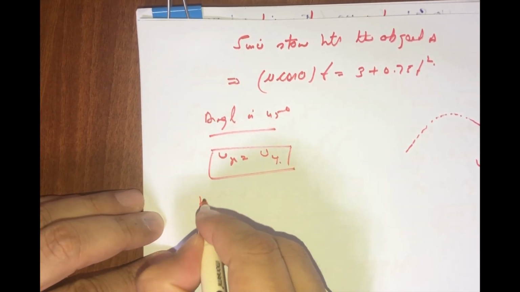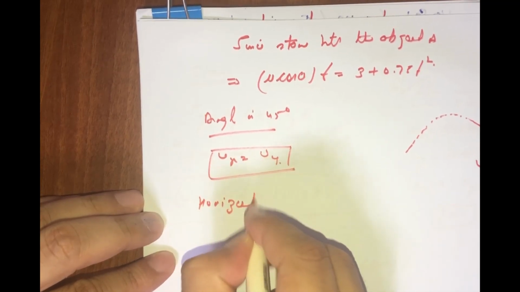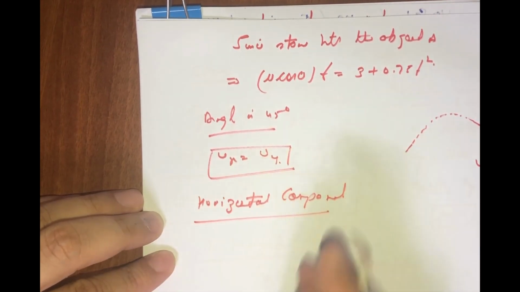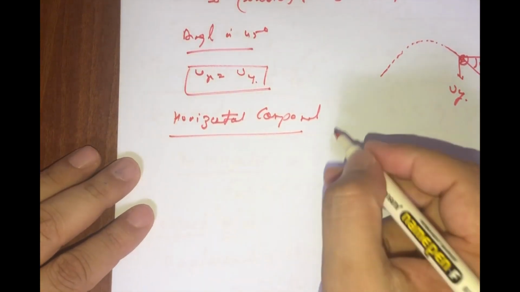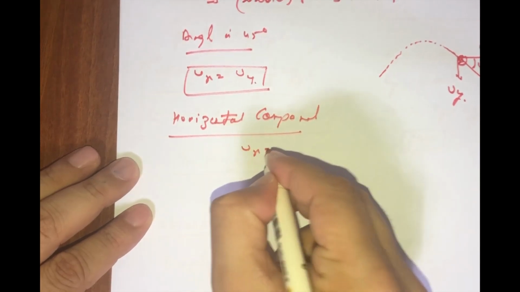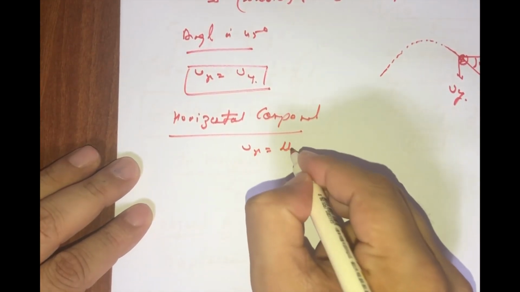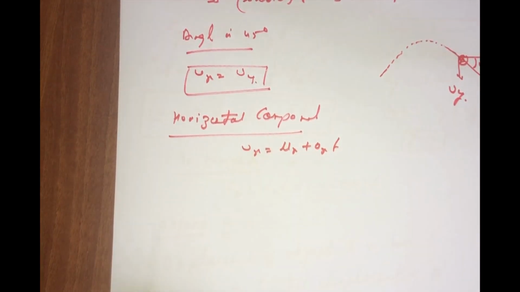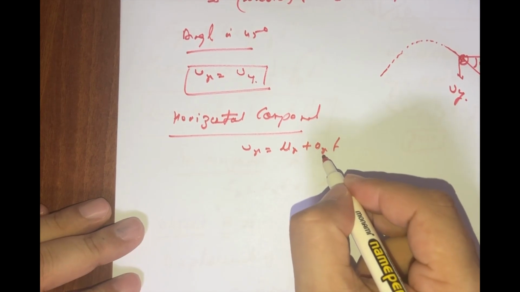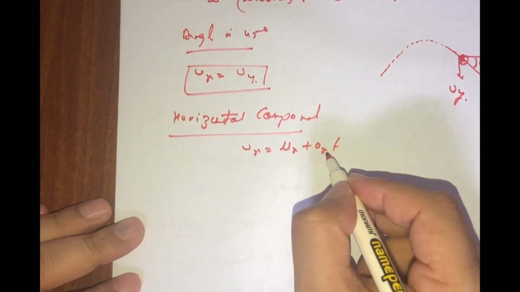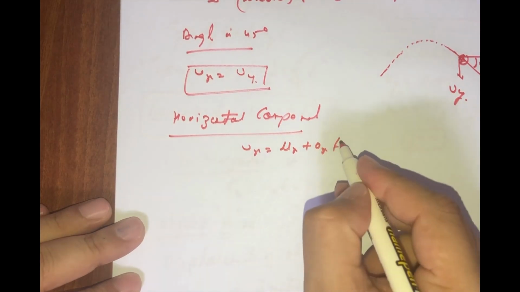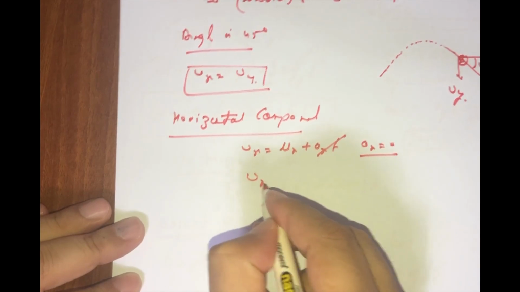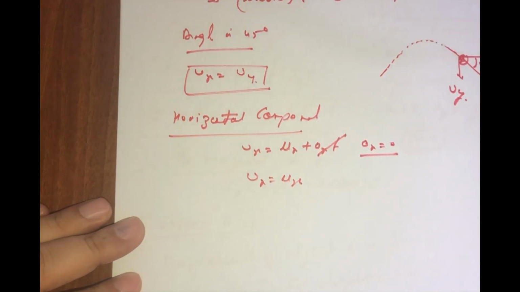So let us find out the horizontal component. Vx is equal to Ux plus Ax t, and we know that acceleration in the x direction of the stone is 0. So we know that Ax is equal to 0, and we can say that Vx is equal to Ux.